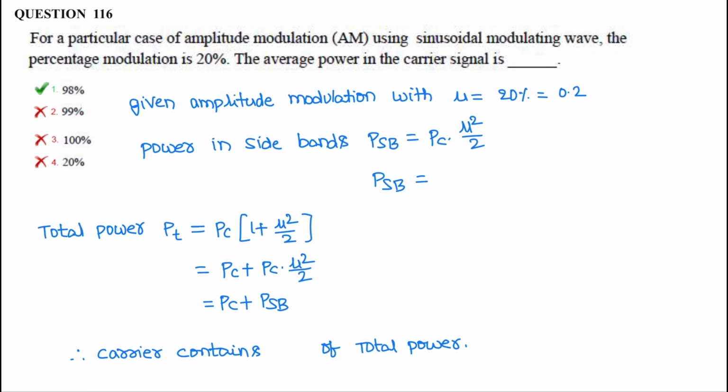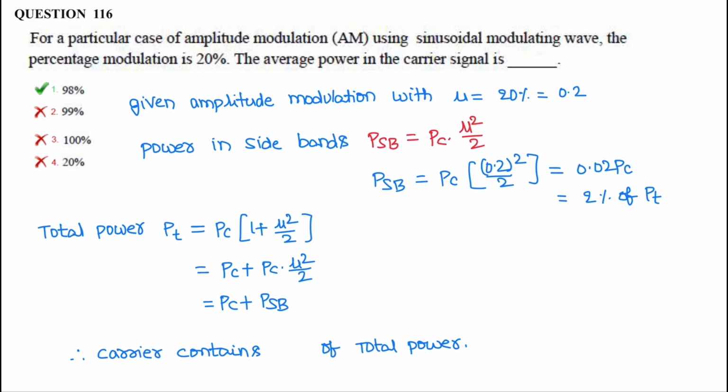Now power in sidebands, PSB is equal to PC into mu square by 2. Carrier power is PC, mu square is 0.2 whole square by 2, that is 0.02 PC. So it can be written as power in sideband is 2% of total power.